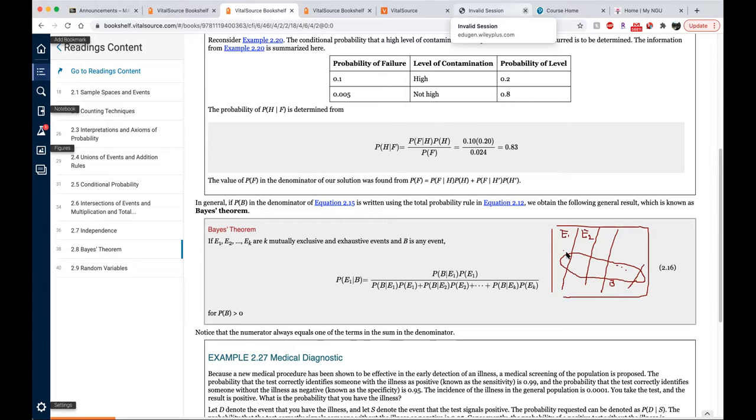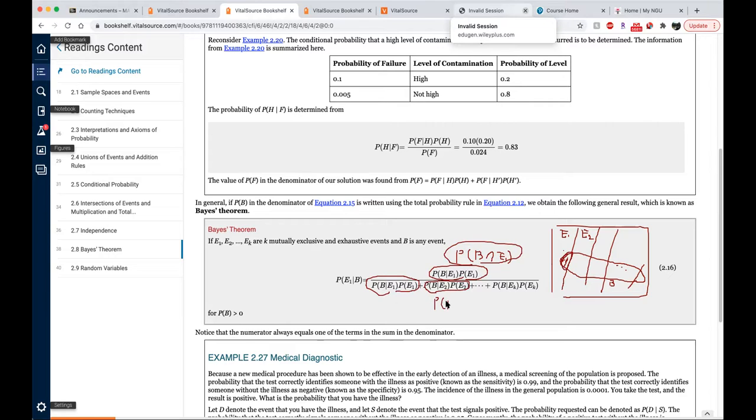The top one represents the probability of B intersection E1. That one represents the probability that the outcome belongs to that set. The bottom one begins with the same term, B intersection E1, and the second term represents the probability of B intersection E2.